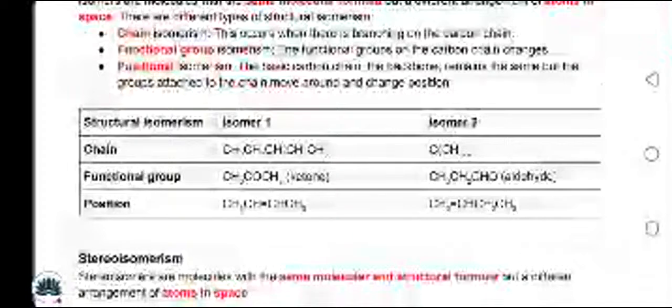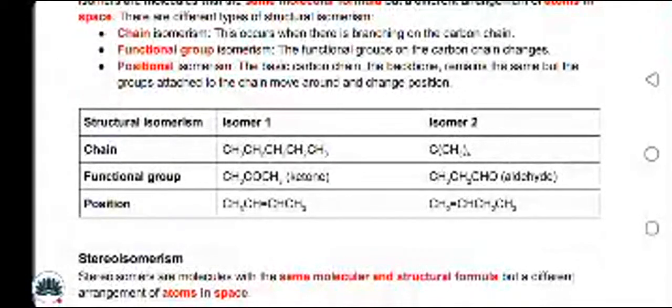Understand? Taking the example, isomer 1 and isomer 2. For isomer 1, you can see that there are 1, 2, 3, 4, 5 carbons. In the position, you can see that the position has been changed. Either you can keep it there by making the double bonds.